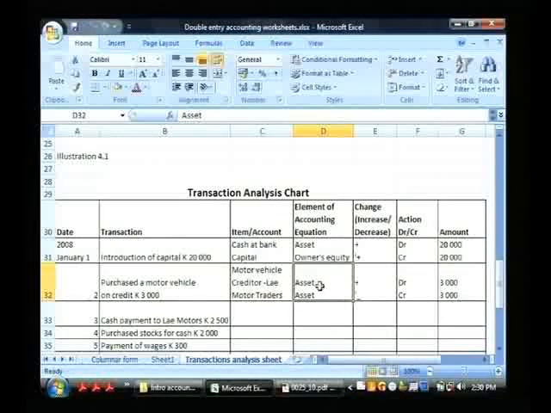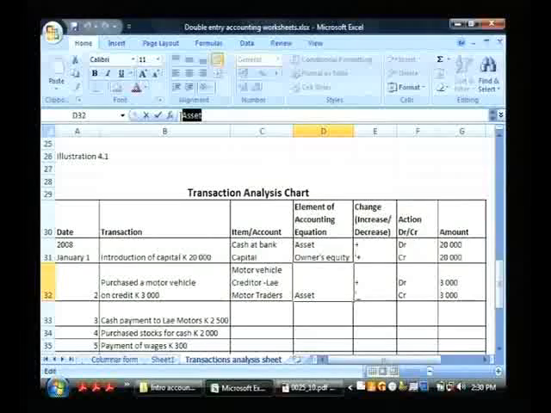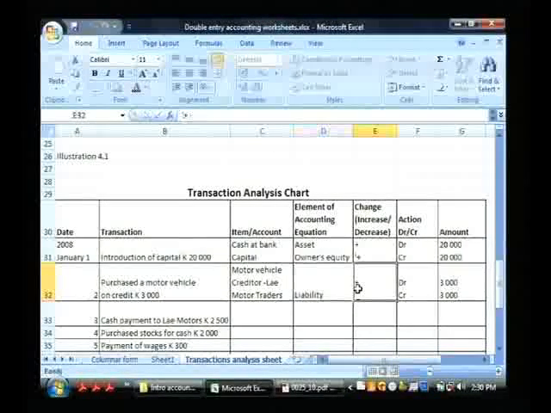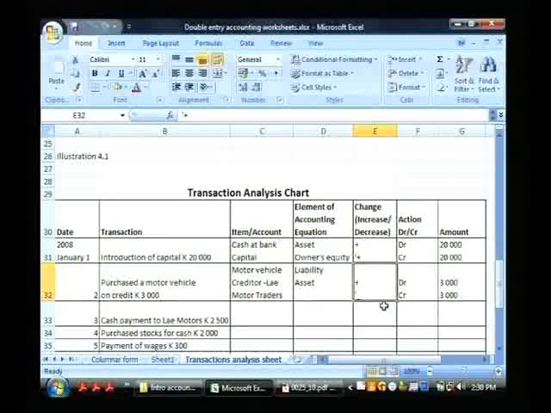Motor vehicle is an asset, and creditor is a liability.